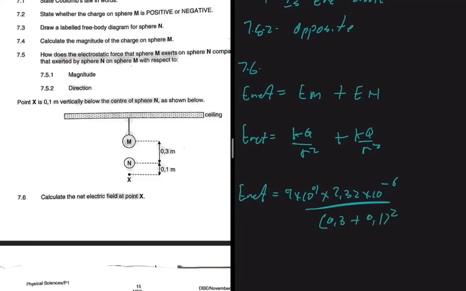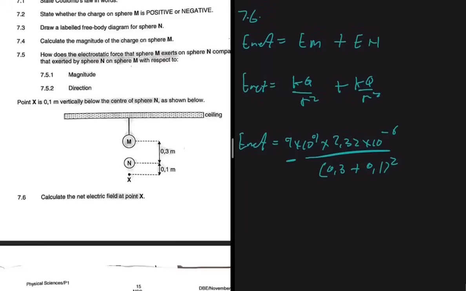squared, right? But now we have to worry a bit about direction here, because M is negative and N is positive. So let's substitute M with its negative value, and then we'll substitute N with its positive value.